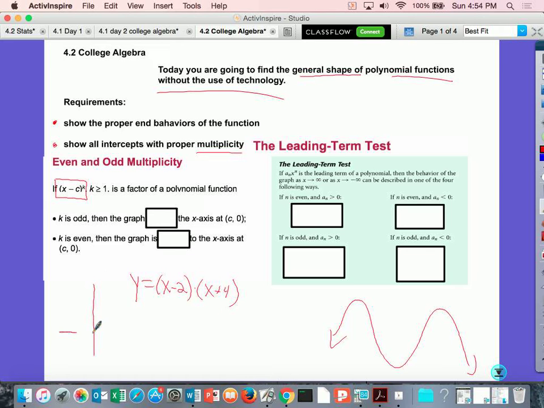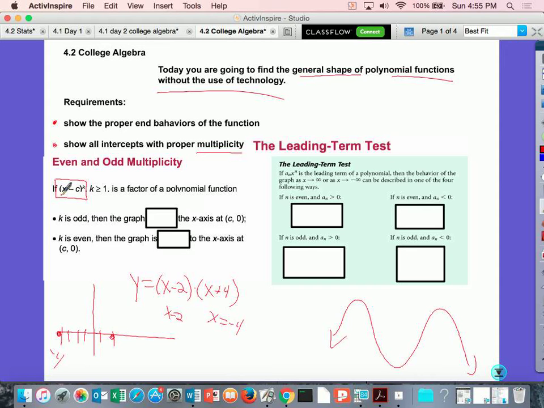This is just a review: if these are the factors, then x equals 2 and x equals -4 are solutions. So we know this function is going to cross at -4 and it's going to cross at 2.